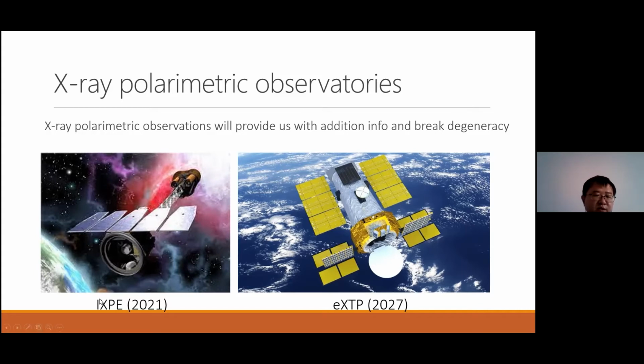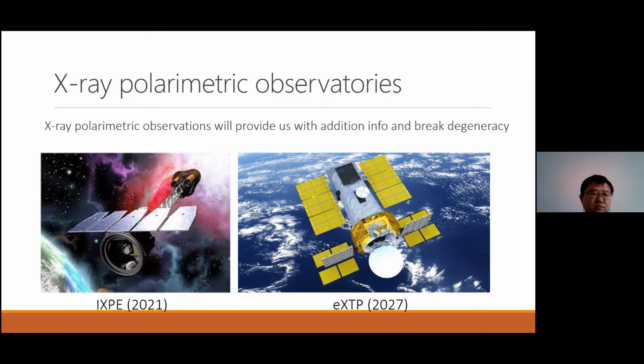There is IXPE, a NASA mission that will be launched later this year, and the Chinese-European mission eXTP that will be launched in around 6 years. So to interpret the data from these polarimetric observations, we need to model the X-ray polarization.